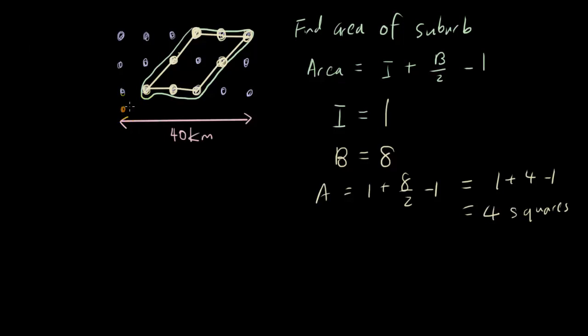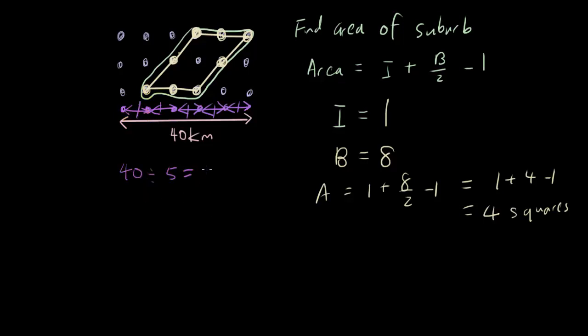So from here, there are 1, 2, 3, 4, 5, 6 dots, which is 1, 2, 3, 4, 5 spaces, 5 gaps, or 5 different lengths. So therefore, we're going to go 40 divided by 5, because there are 5 gaps between the dots.